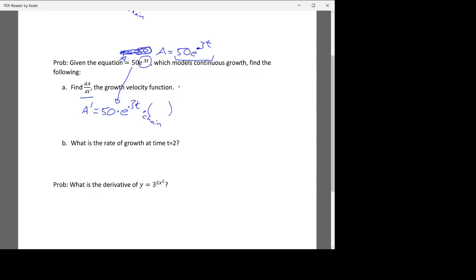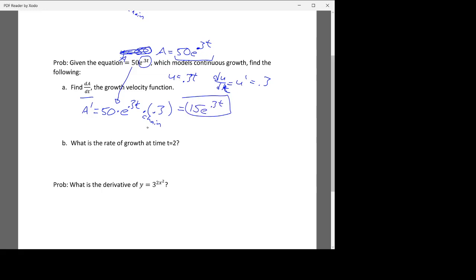So the derivative of 0.3t, we call that u sometimes, or sometimes you'll see me just write u prime, with respect to t would be just 0.3, because that's a line with slope 0.3, right? So 3/10 times 50, 15 e to the 0.3t. So we can find the derivative pretty easily.